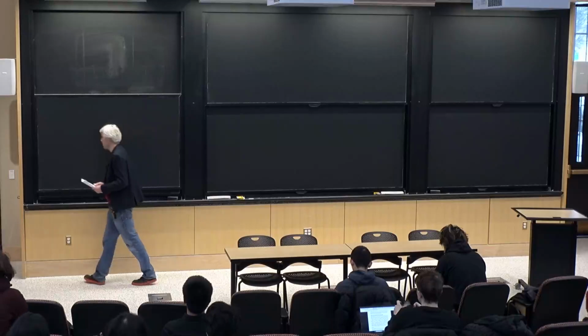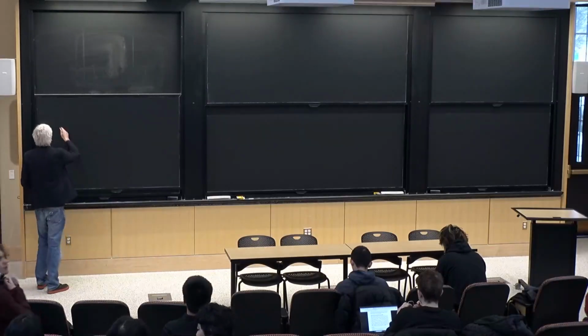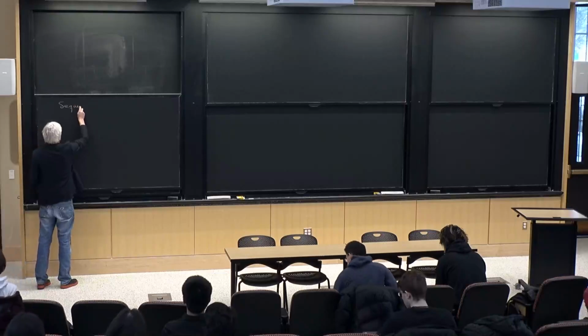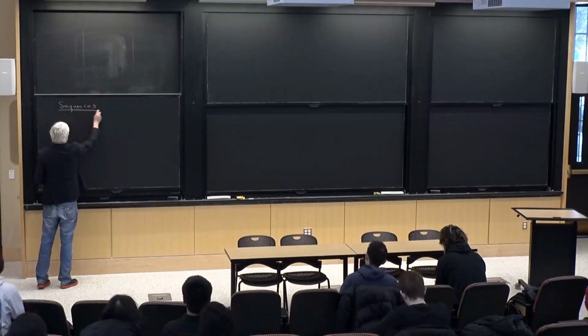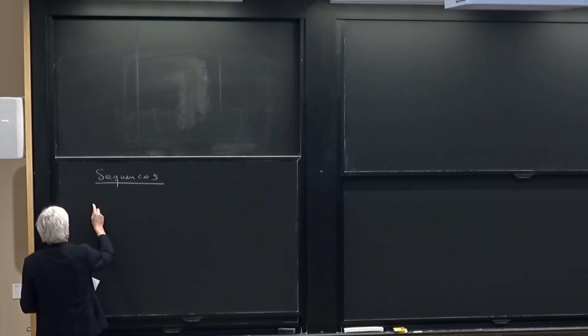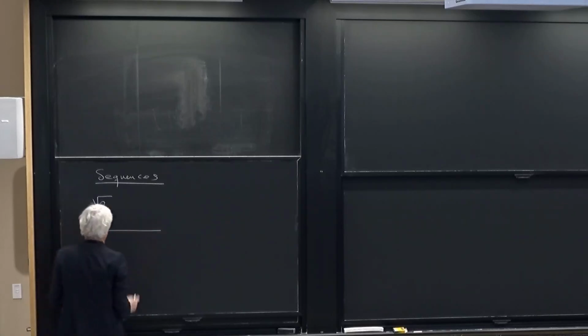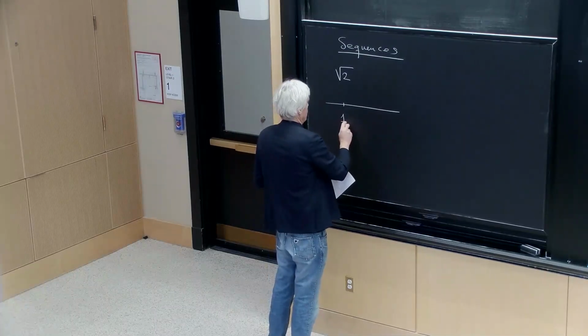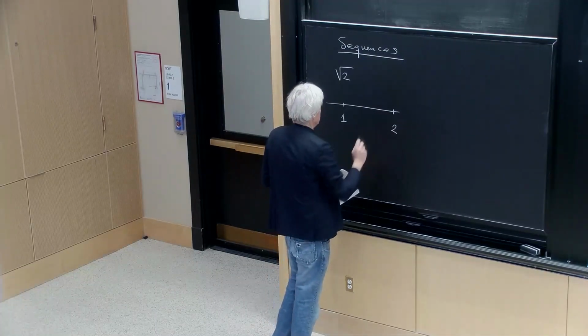Okay, so last time, towards the end, we talked about sequences. In particular, we talked about square root of 2. If we think about square root of 2 on the real line, we have here 1 and we have 2.